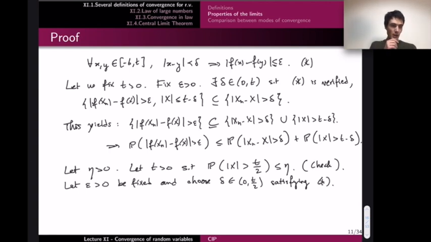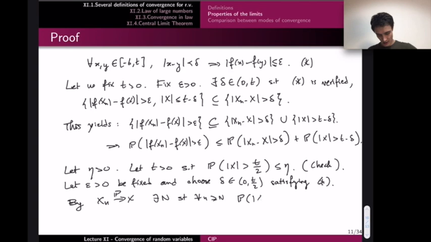Then by the convergence in probability of xn to x, there exists capital N such that for any n greater than capital N, the probability that |xn - x| is greater than delta is smaller than eta.